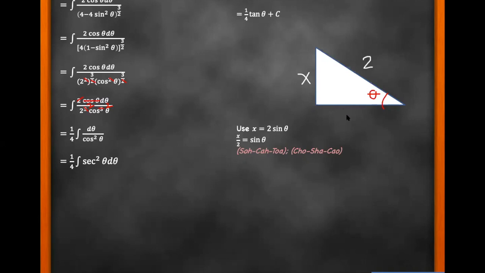Again, using the principle of the Pythagorean theorem, wherein the square of the hypotenuse is equal to the sum of the squares of the sides, this part here is equal to the hypotenuse squared, so that's 4, minus the square of this opposite side, which is x squared, and then take the square root of both sides. So we have the square root of 4 minus x squared.